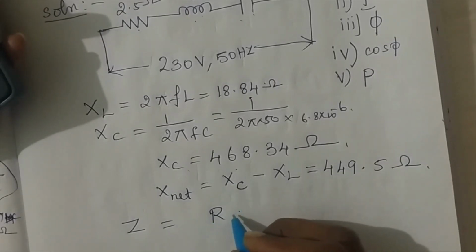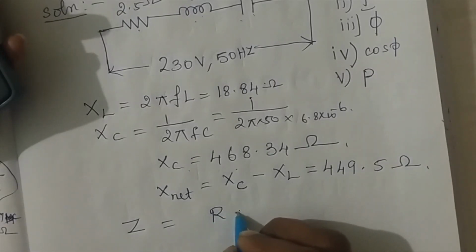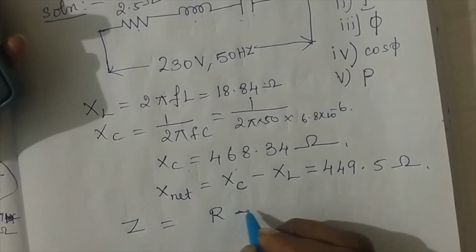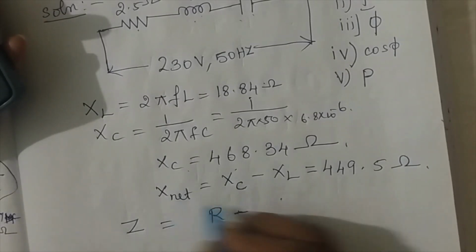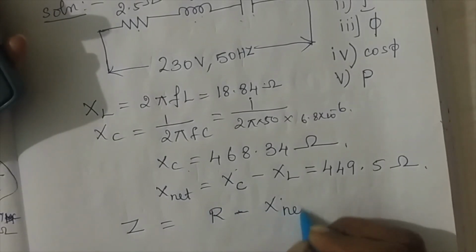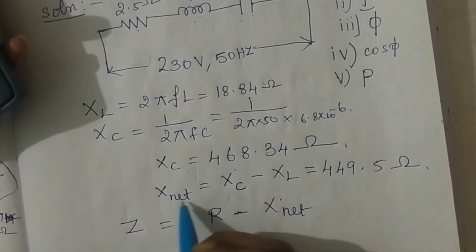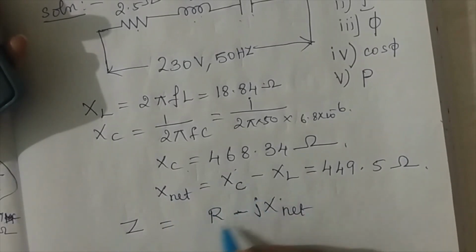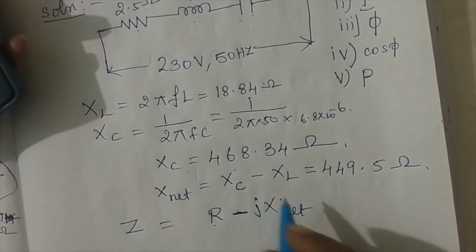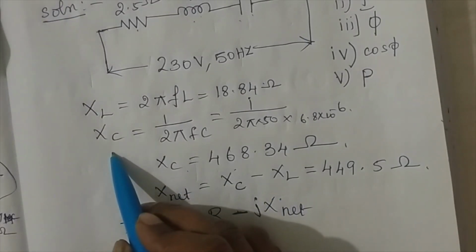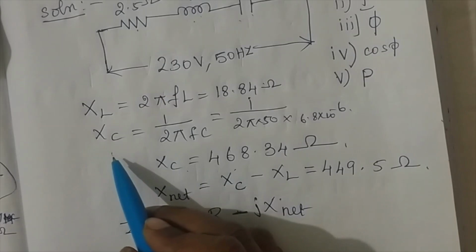Then the impedance value is R. It is in real form, so I am going to write it as the real term. Then the net reactance, but it is an imaginary term. This is the real term, and the sign is minus, because XC value is dominant. Okay, XC capacitive reactance is dominant.